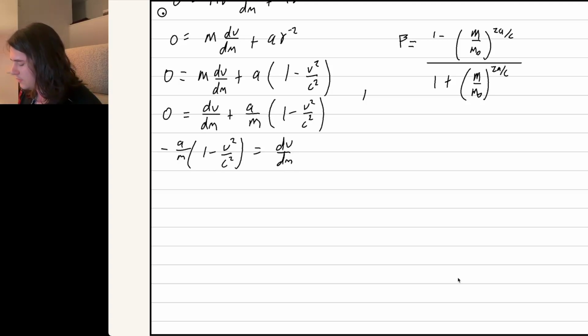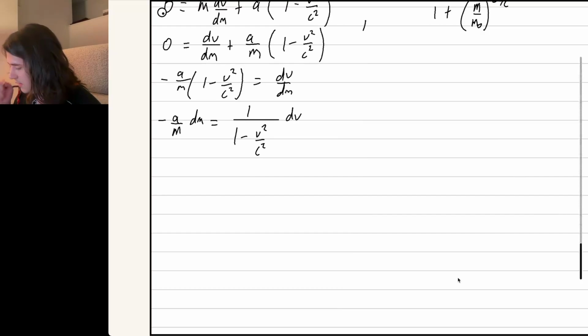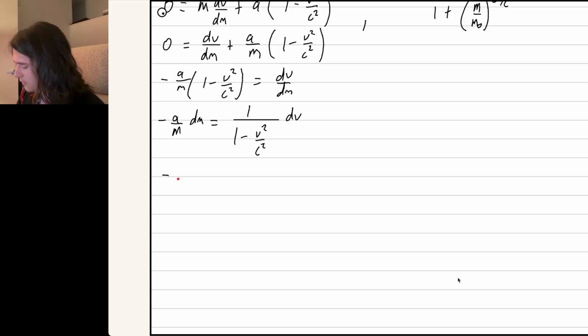And then rearrange these so that we have minus a over m dm on this side equals 1 over 1 minus v squared over c squared dv. This is where the integration is going to come in. You can probably already see that the left side is going to be a natural log.